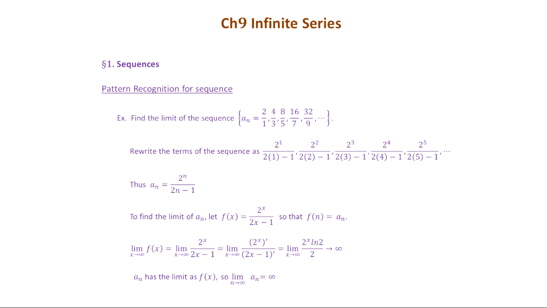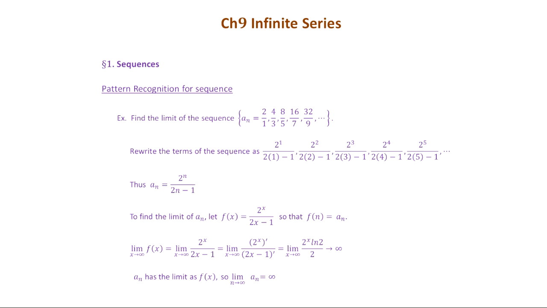In this sequence, we have 2/1, 4/3, 8/5, 16/7, 32/9, and so on. You can see the numerator in each term is just 2 to the nth power. You start from 2 when n equals 1, 4 is 2 squared, that's the second term, the third term is 8, which is 2 cubed, 16 is 2 to the fourth, and 32 is 2 to the fifth. So that's the top.